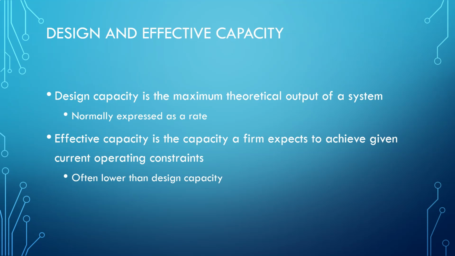The company or the firm must define and measure their own capacity. The effective capacity will be the capacity of a firm that will be expected to achieve given current operation constraints. The company needs to look at their limitations and constraints, which often lower that design capacity. While a process may have maximum capacity, many factors prevent us from achieving that capacity.